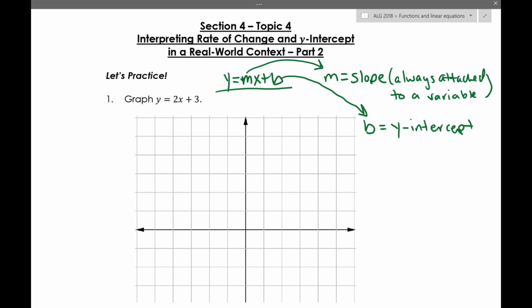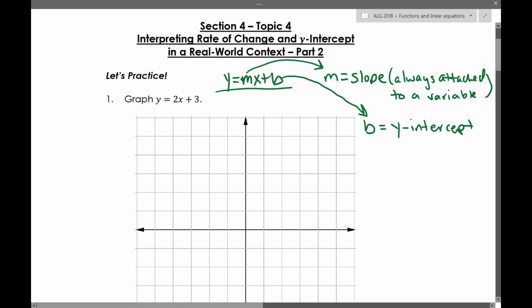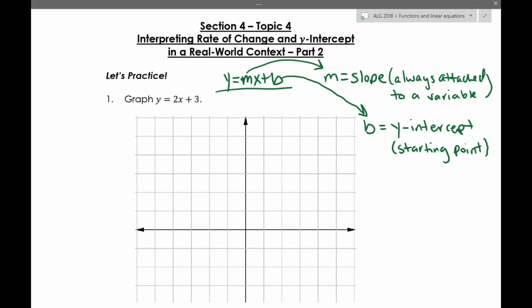That is called the y-intercept. Now the y-intercept, we use this as our starting point. So the y-intercept is our starting point on this graph, okay? And that's probably the most important parts of these two of this equation, okay?